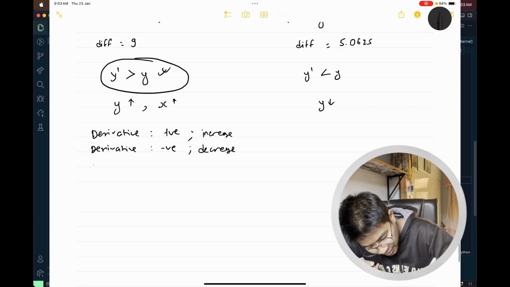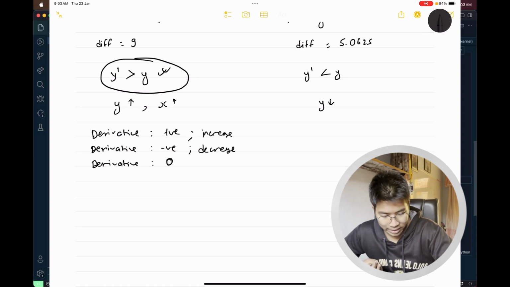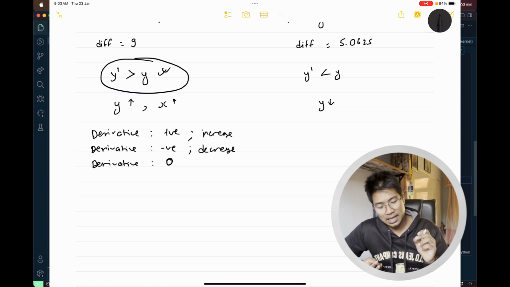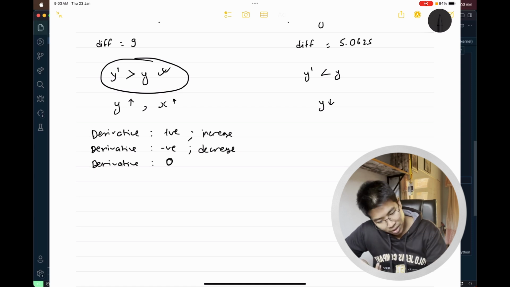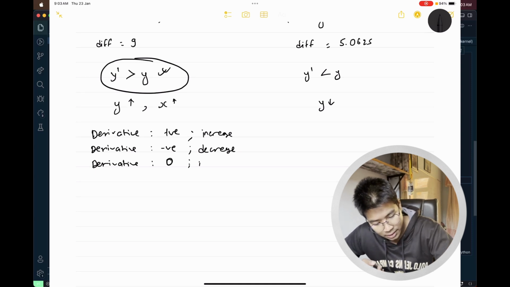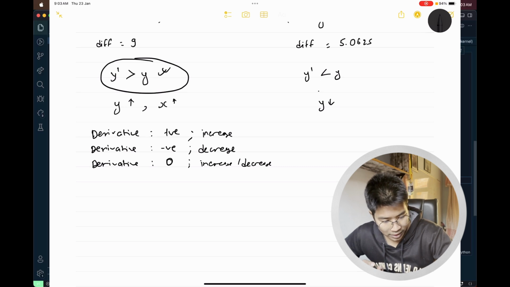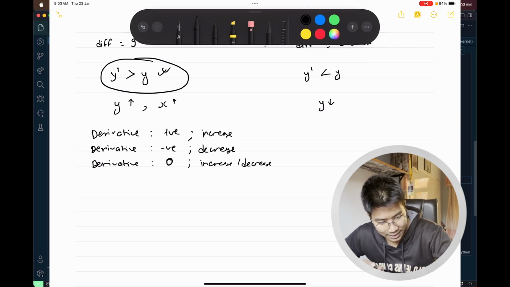If your derivative happens to be 0, and your y dash is still less than your y, then you're interested in increasing. So it does not matter what you do, you can increase or decrease. Over here in this other case, it's going to be exactly opposite, right?